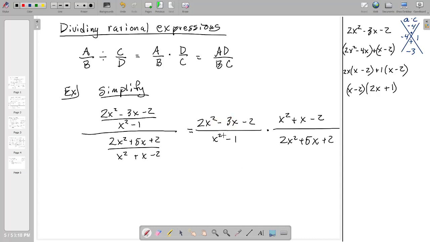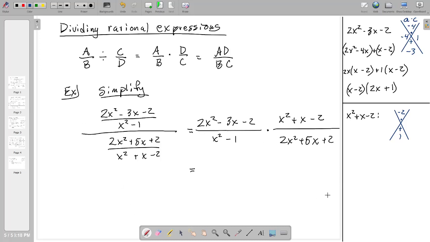Now the denominator is a difference of squares. To save time, I'm not going to go through that. But I will go through the numerator and the denominator of the second fraction. x squared plus x minus 2. And we're looking for two numbers that multiply to negative 2 and add to 1.